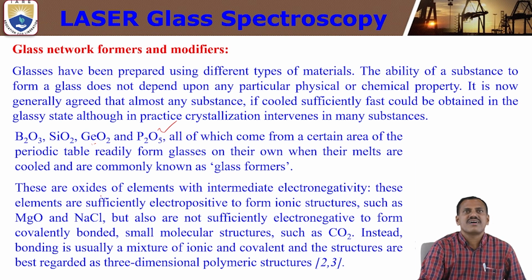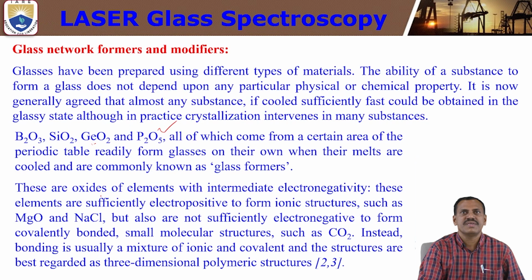These are the oxides of elements with intermediate electronegativity. These elements are sufficiently electropositive to form ionic structures such as MgO and NaCl, sodium chloride, but are not sufficiently electronegative to form covalently bonded small molecular structures such as carbon dioxide.